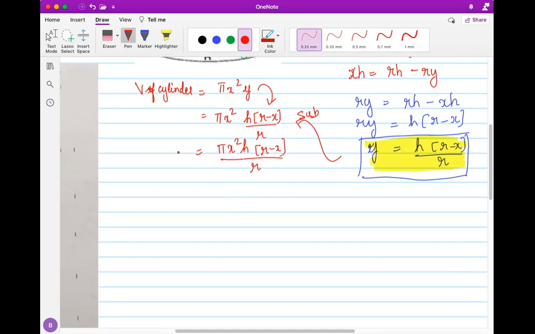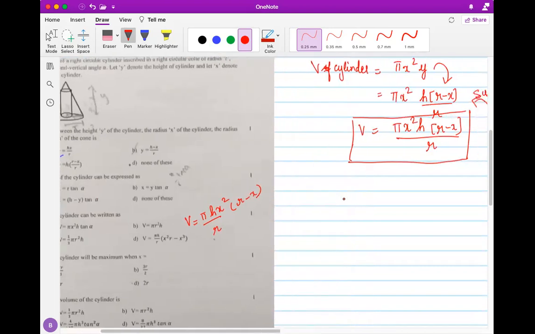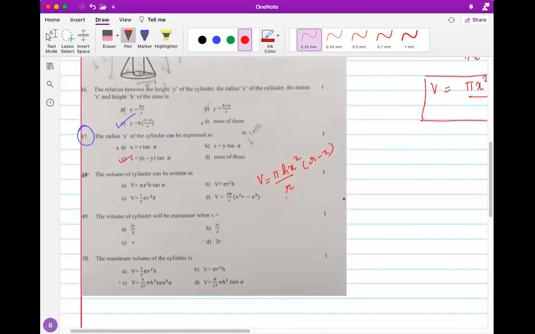I can't do anything more, but they asked for volume of cylinder, so let us check the options. We can take x square common. V is equal to pi h divided by r, x square into r minus x. Is it the same? Yes, so option B is the right one.